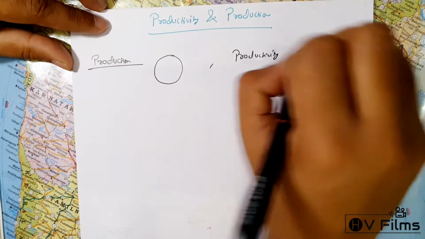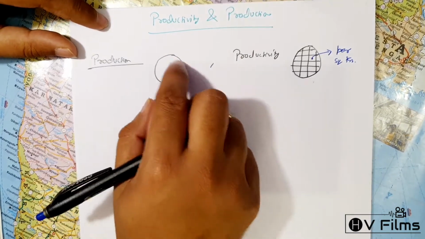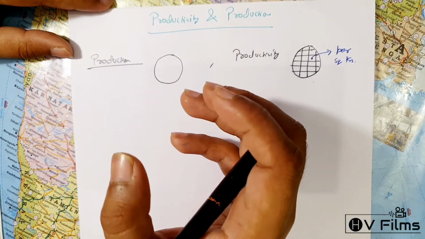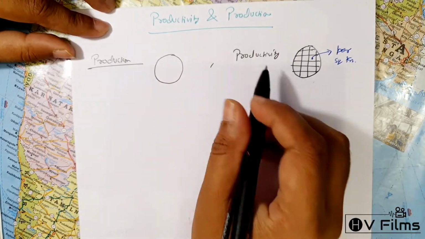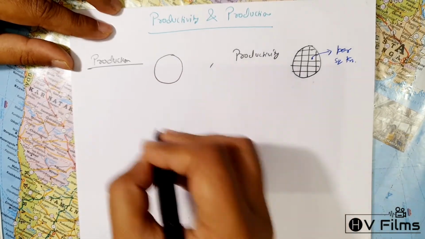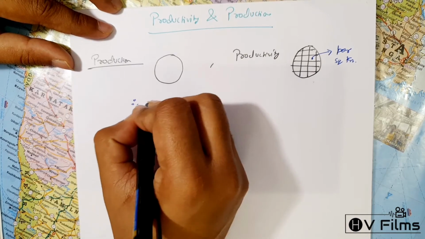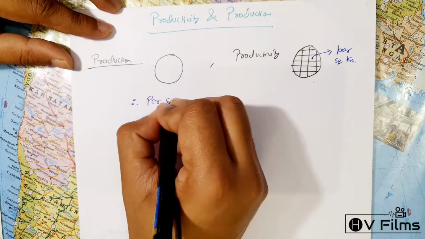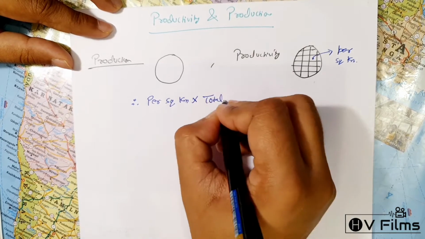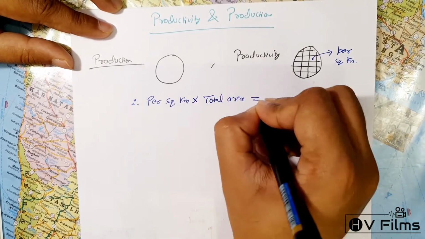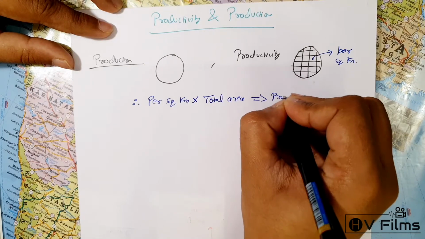So the production is that entire area, how much you are growing in the whole particular area. The productivity is that per square kilometer. So the relation can be per square kilometer into total area, and it will give you production.